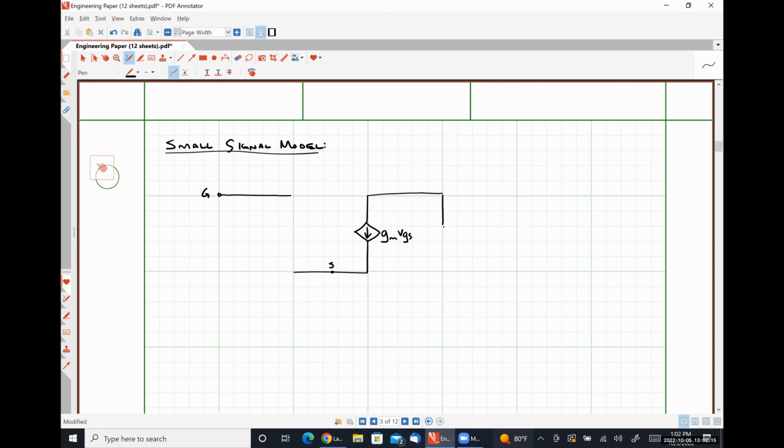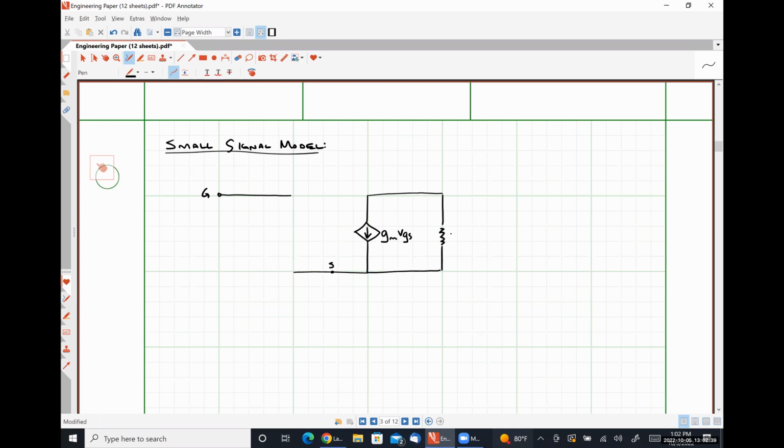And what that dependent current source is doing is effectively telling us how we convert some AC gate source voltage into a current flowing through our drain at the output of the device.